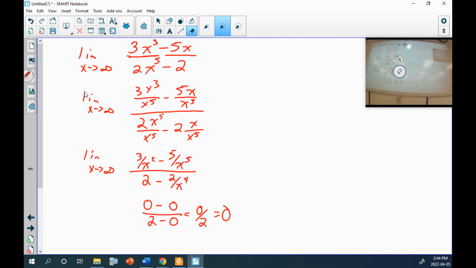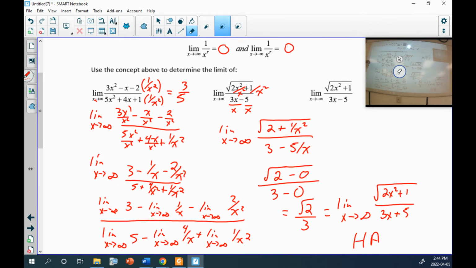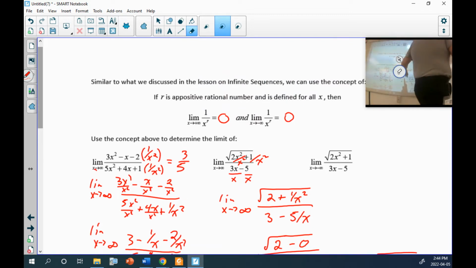Remember, why did the other one use two different? Okay, so this one here, we still multiplied this guy by 1 over x. Because we have a square root, if I just multiply by 1 over x, I can't get that in there.